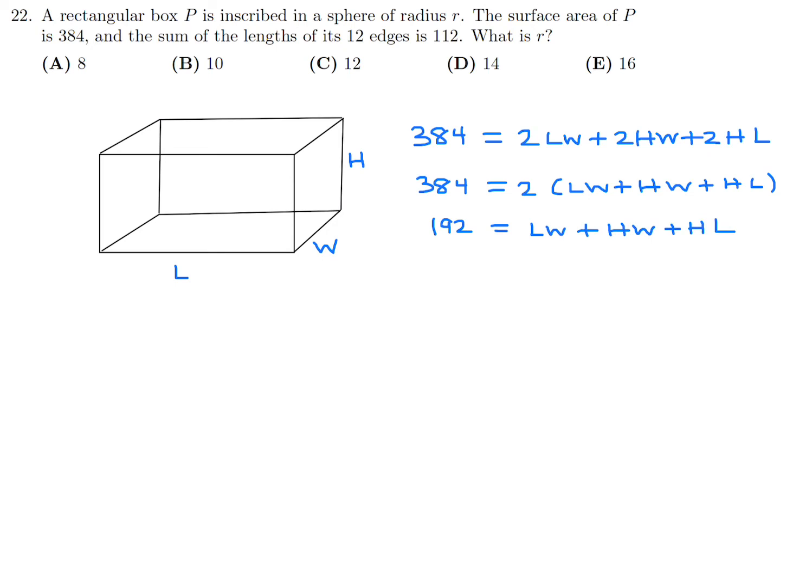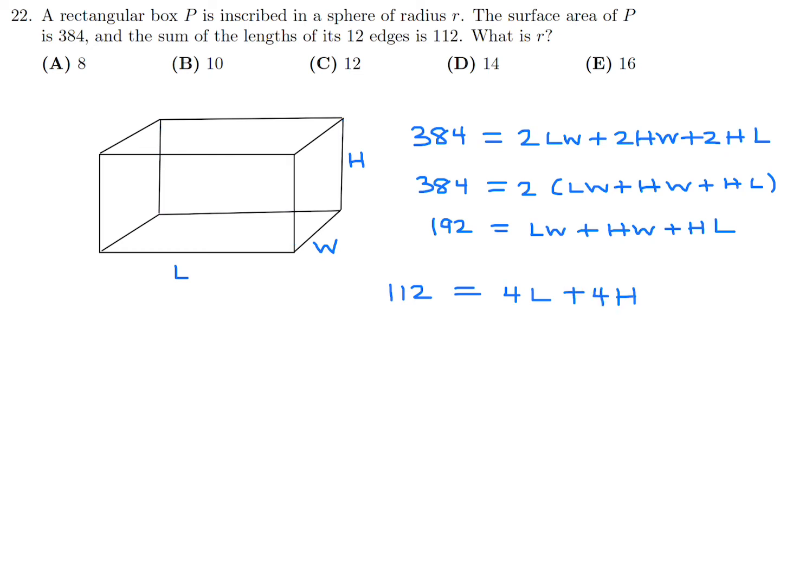Then the next one is the sum of the lengths of the edges is 112. All right, 112 is equal to, well, the L looks like it will appear 4 times. So that's 4L. The height also appears 4 times right there, so we got 4H.